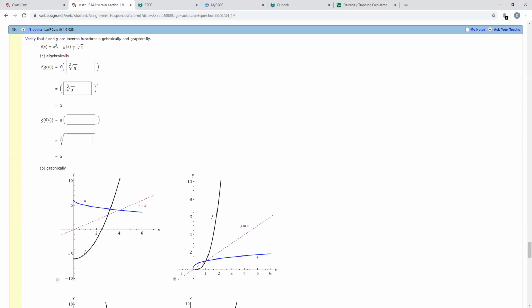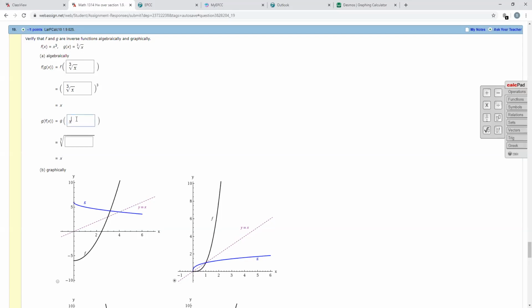And then the other way, put f of x into g. So put f of x into g, but not numerically, but the range expression for f, which is x cubed. So we put x cubed into g.